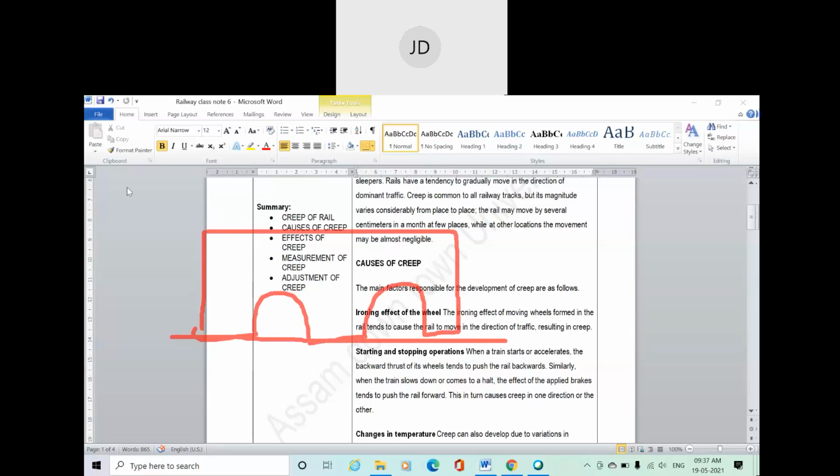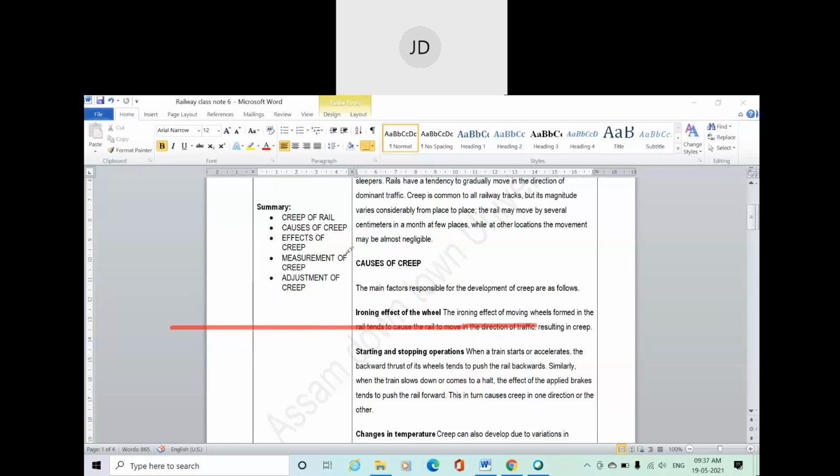Again I'm drawing. Suppose this is your railway wheel. Okay, and due to the movement of the wheel on the rail surface, it creates a wave action.